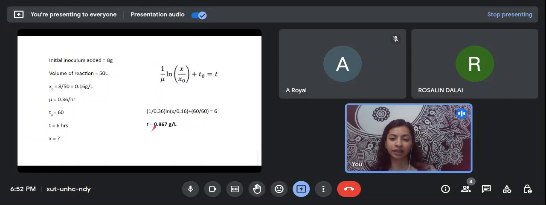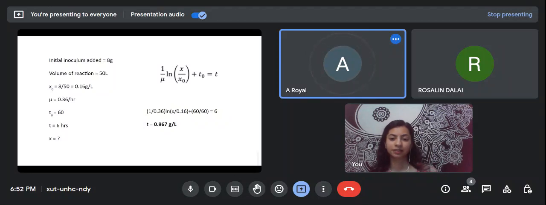So if you put in all these values, 1 by the specific growth rate, which is 0.36, ln of x by 0.16, which is the initial biomass concentration, plus 60 by 60. In this case, why are we doing 60 by 60? Minutes to hours.